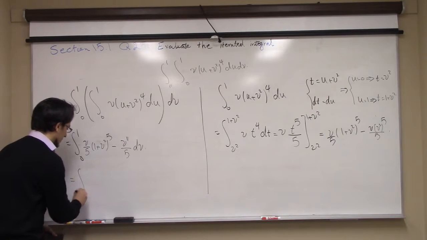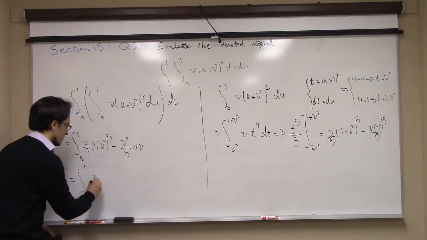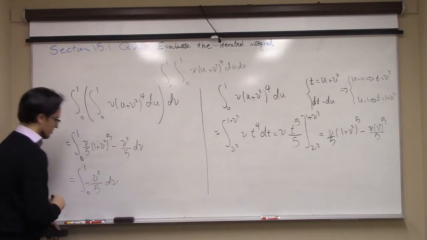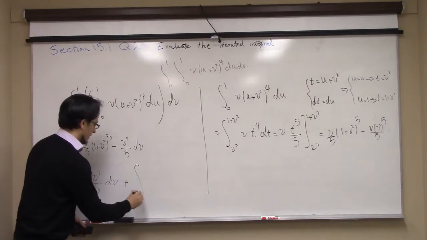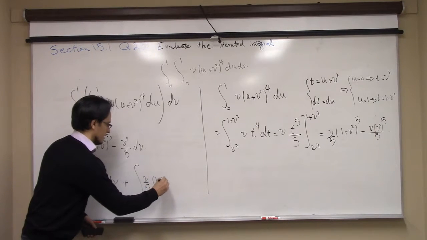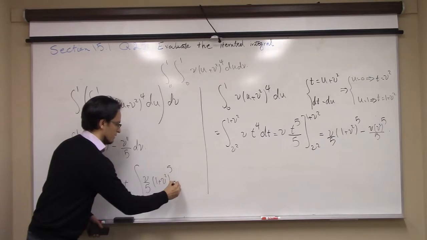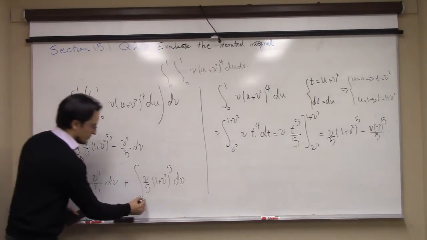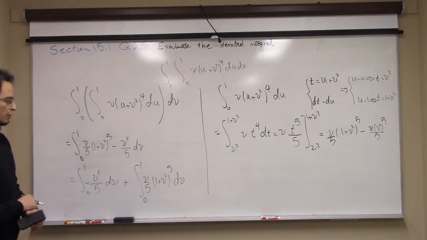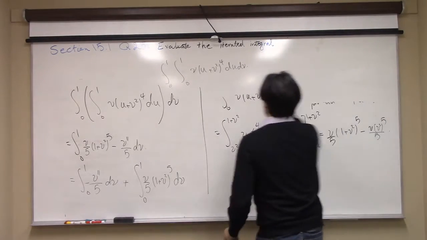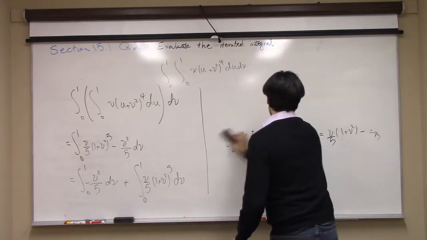So let me write that first: v to the power 11 over 5 dv. I separate the integral, so I have a minus sign there. The other one is v over 5 times (1 plus v squared) to the power 5 dv. And both of them go from 0 to 1.